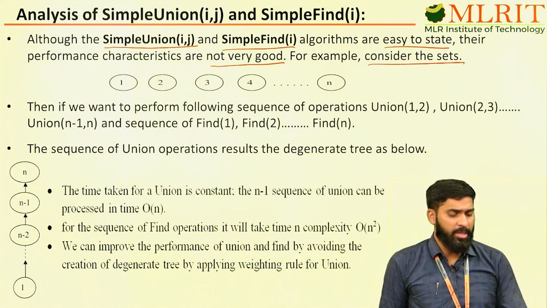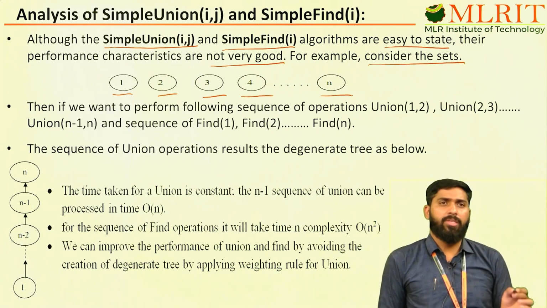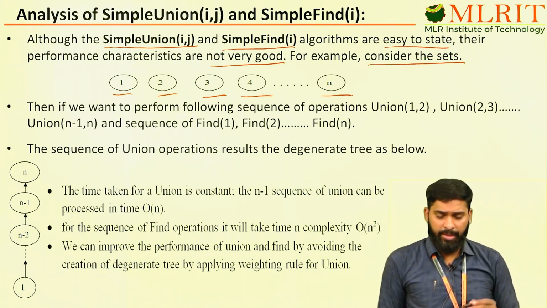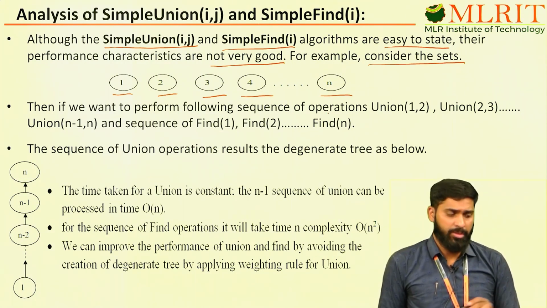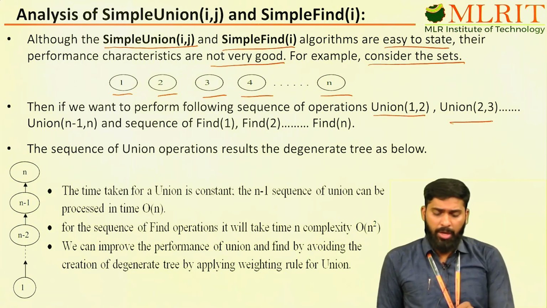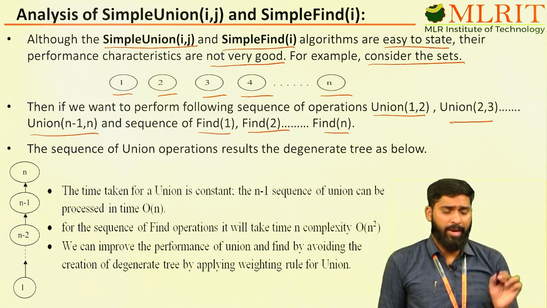Consider the sets 1, 2, 3, 4, up to n. These are the sets S1, S2, S3, S4 until Sn. Then we perform the following sequence of operations: union of 1 comma 2, union of 2 comma 3, up to union of n minus 1 comma n, followed by the sequence of find 1, find 2, up to find n.